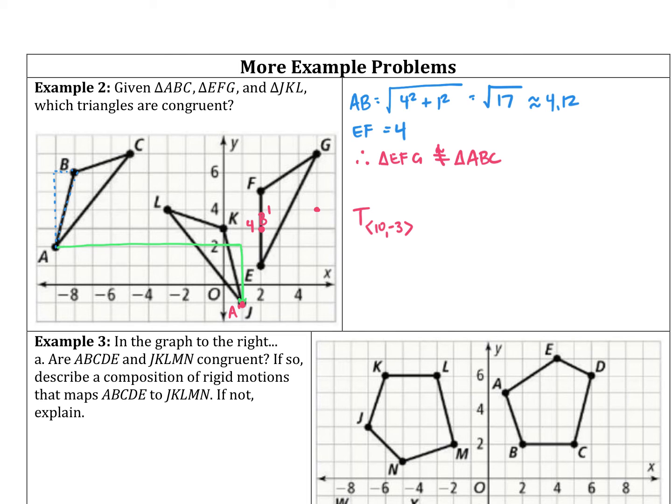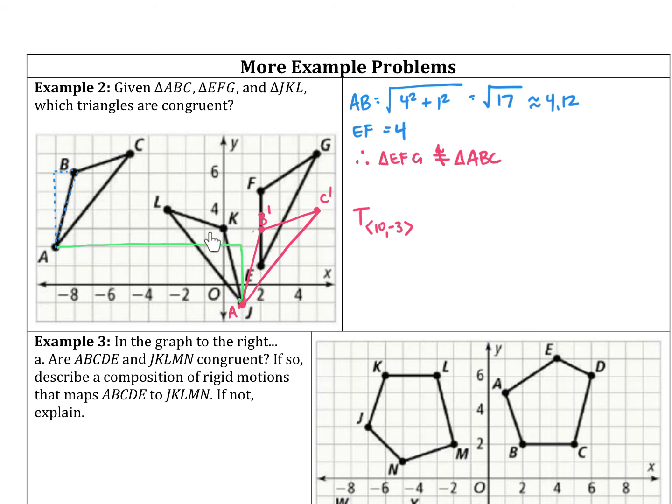So that is where C prime ends up. So that translation moves my triangle to there. I'm going to get rid of this 4 right there, so that's not in the way. Okay, now I'm going to see if I can reflect this triangle to land on top of this one. And I notice that A is already where it needs to be.